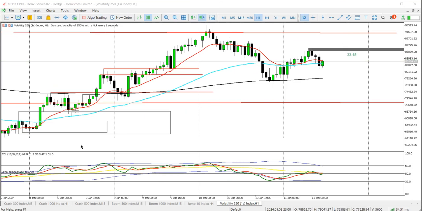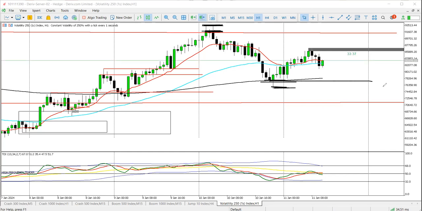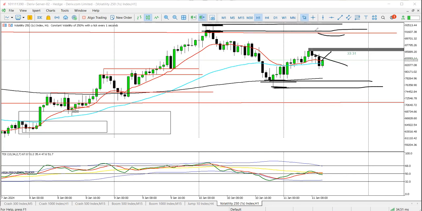The reason I'm saying this is because if you notice, price is still trading within yesterday's range. This is yesterday's highs. This is yesterday's lows. So that's a range right there, and we're still within that range. So anything here for me won't be too solid. I want to trade either from this area or from this area. If we break here, we're potentially coming to this area.